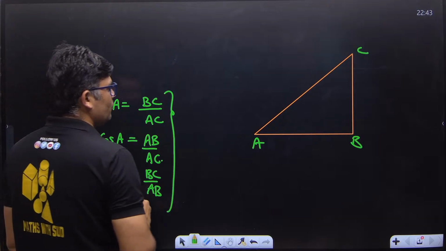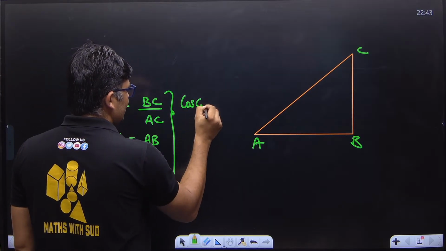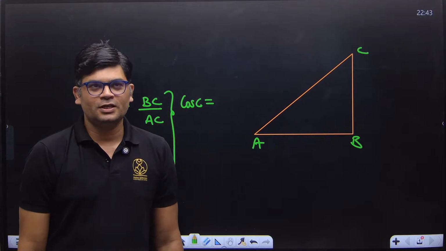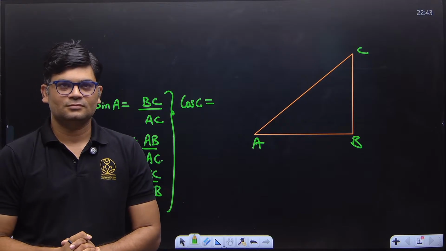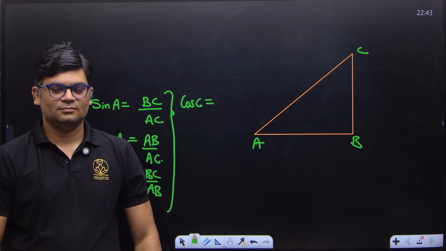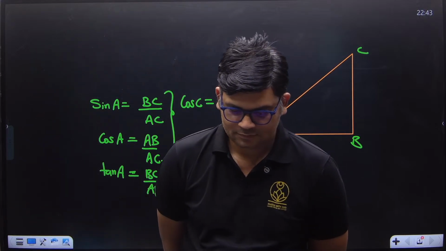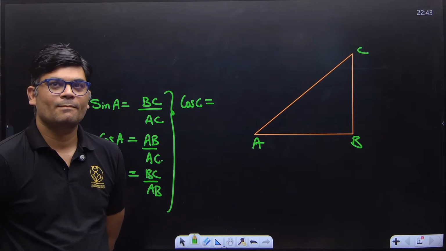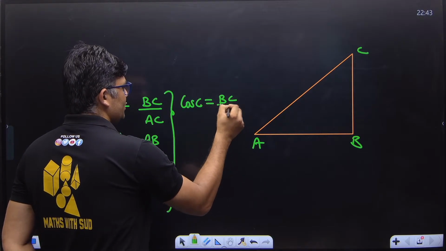Now if I ask you, tell me what is cos of C? It would be BC over AC.